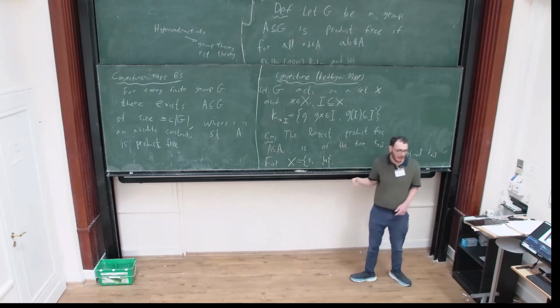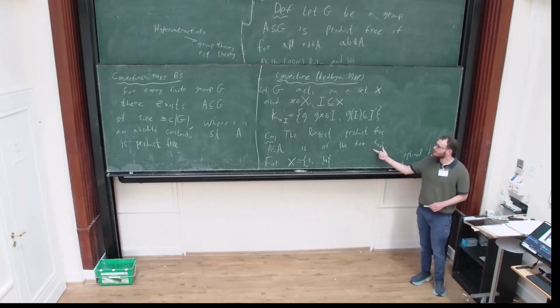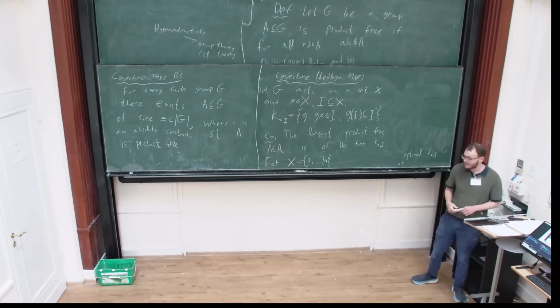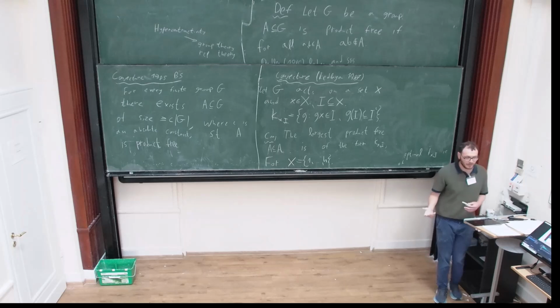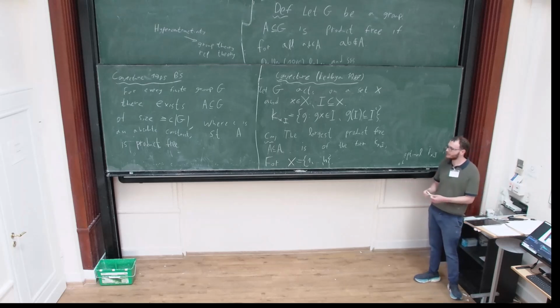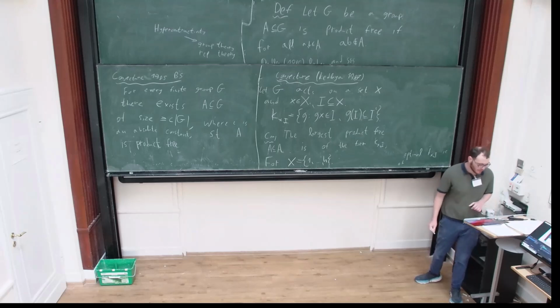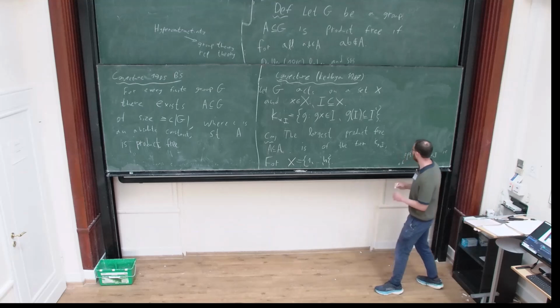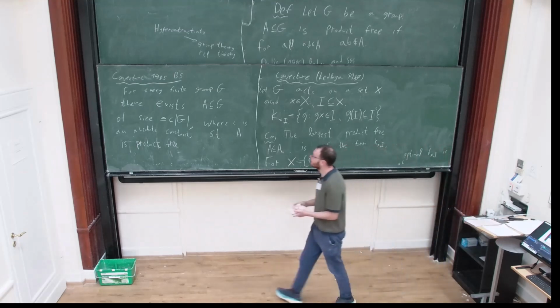So the alternating group acts on the set 1 up to n, and then you can take the set of elements that send x into I and send the set I to the complement. And you'll get a product-free set. Maybe I should just write why it's product-free.